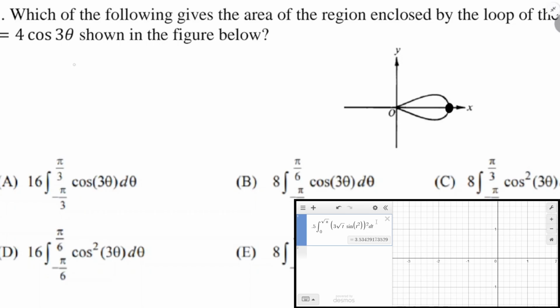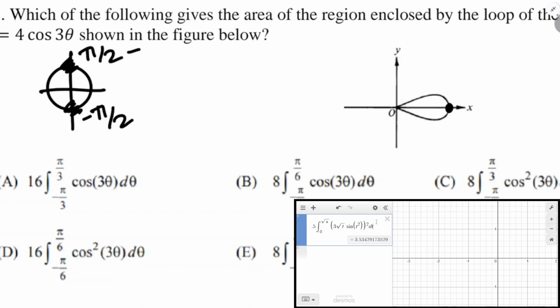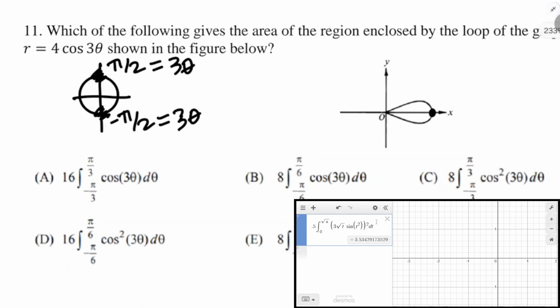Okay, well, cosine is equal to 0 on the unit circle, I'm assuming this is no calculator, over here at pi over 2 and negative pi over 2. And that's what 3 theta has to be, because that's the inside of cosine. So I've got pi over 6 and negative pi over 6, which, okay, that does help me eliminate 2 of the answer choices.